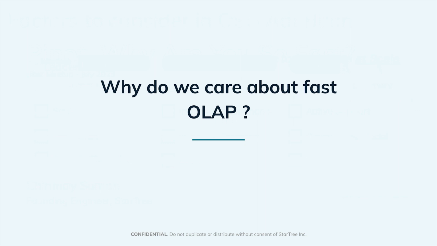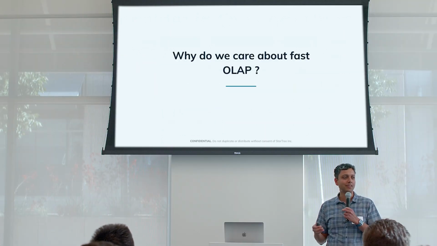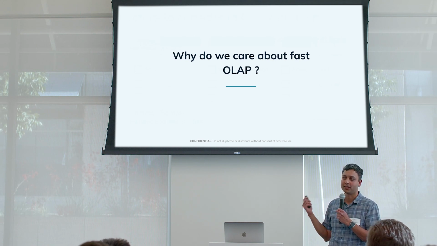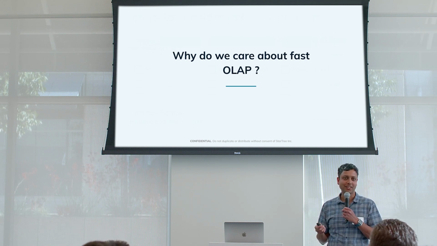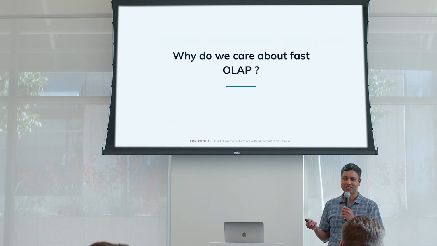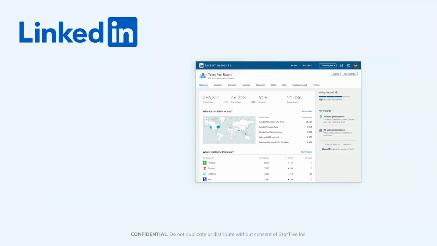We all know, for OLTP databases, speed, throughput, and latency are very important. But why does it matter for OLAP use cases? Ujjwala touched upon this already, but in case you're still not convinced, here are some more examples. This is the classic one from LinkedIn.